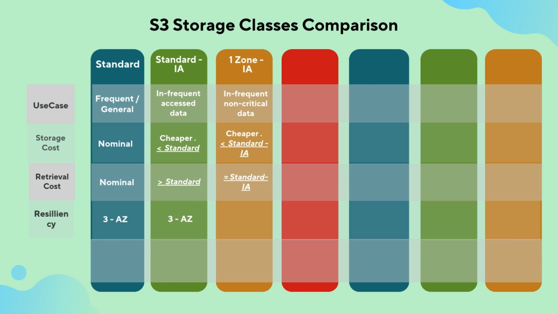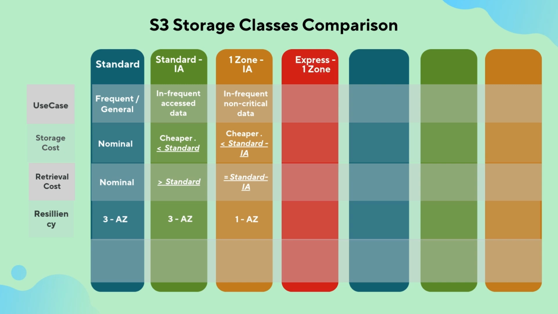While standard and standard IA store your data in three different availability zones, one zone stores your data in only one availability zone. This means in case of any disaster like a tsunami, earthquake or something, there is a higher chance your data could get lost. So you should use one zone infrequent access only for data which is not critical or for data which you can recreate later.